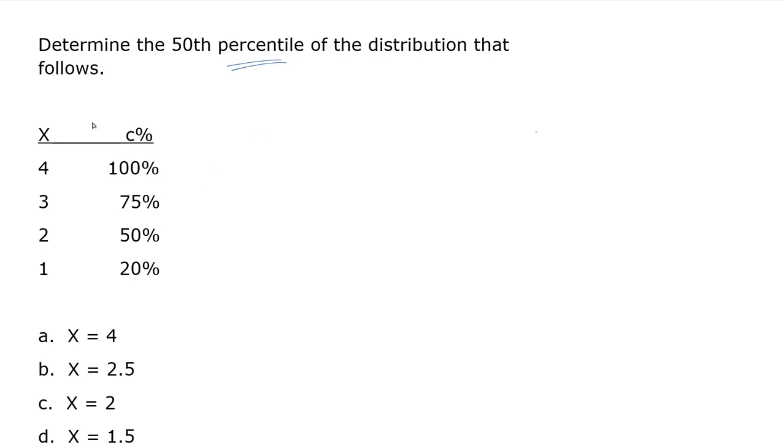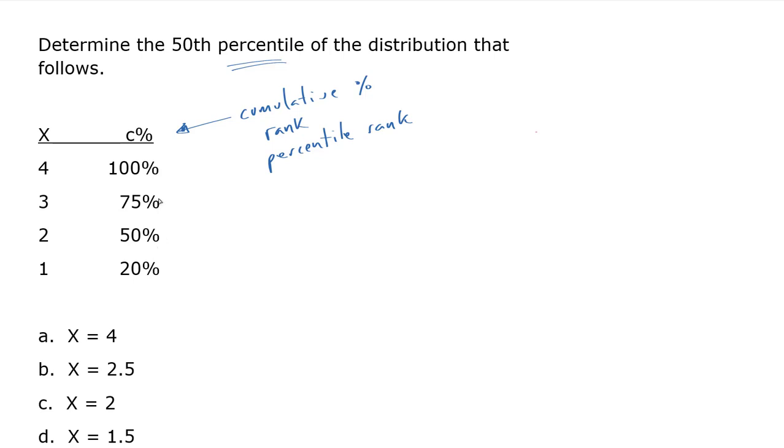Now, when you're looking at a list like this where you have this C percentage, what this literally stands for is cumulative percentage. So the cumulative percent of values that are at or equal to the number that you see here, the score. This can also be referred to as rank or percentile rank.